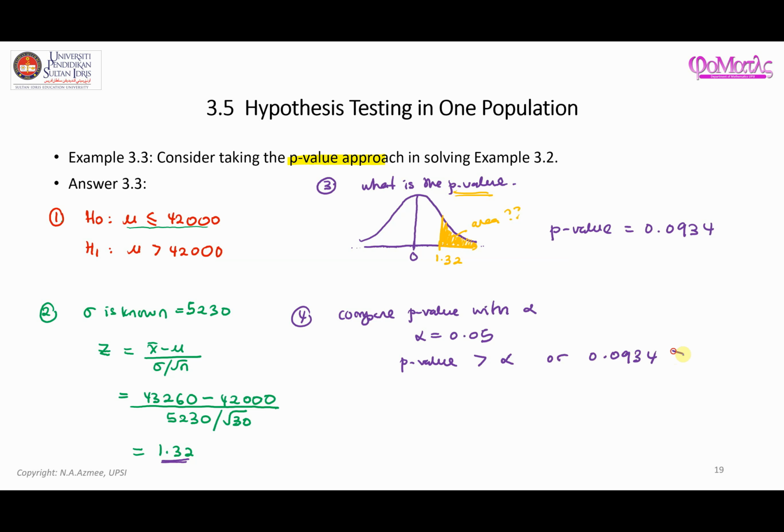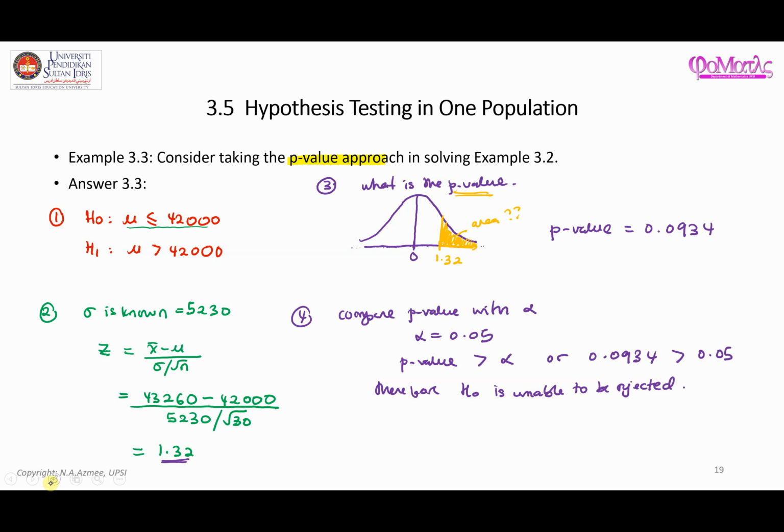Therefore, the null hypothesis is unable to be rejected.